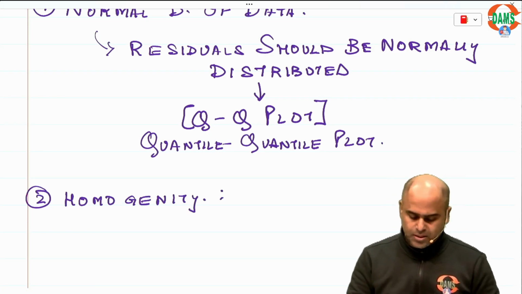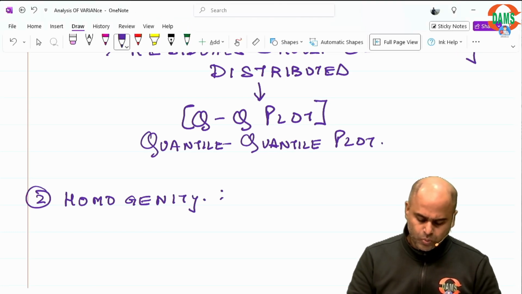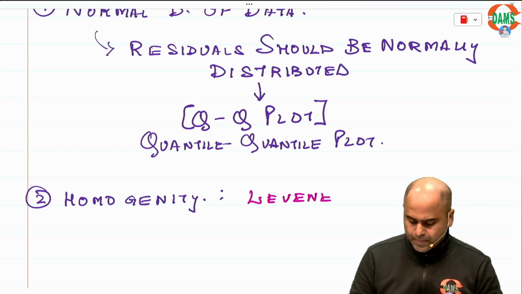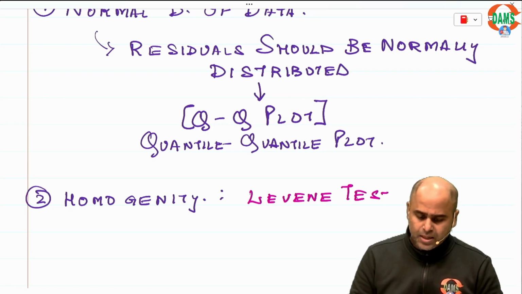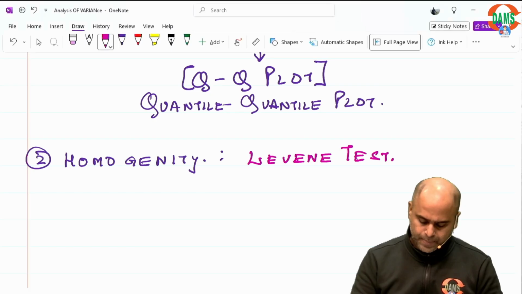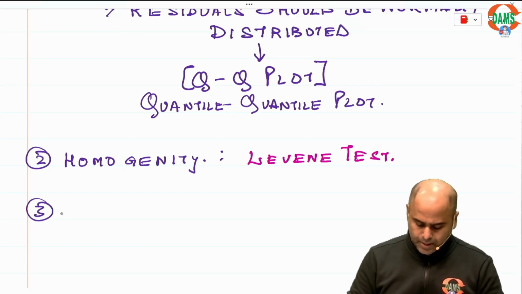Second, the data should have homogeneity. To check this, we do another test which is called the Levene test. So a Levene test tells you whether the data variances are homogeneous. Third, independence.